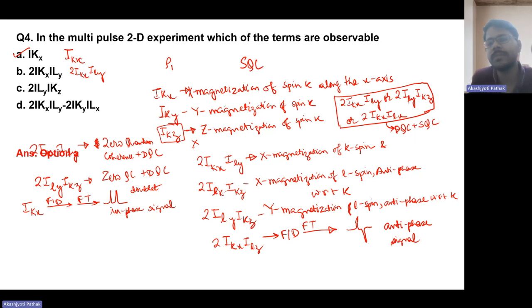When you add or subtract these different terms, you will get pure double quantum coherences and single quantum coherences terms.